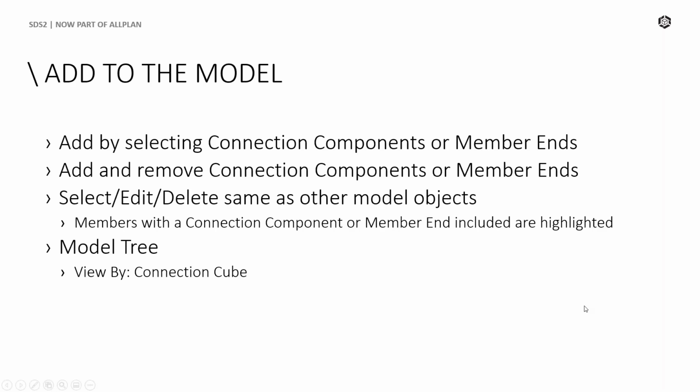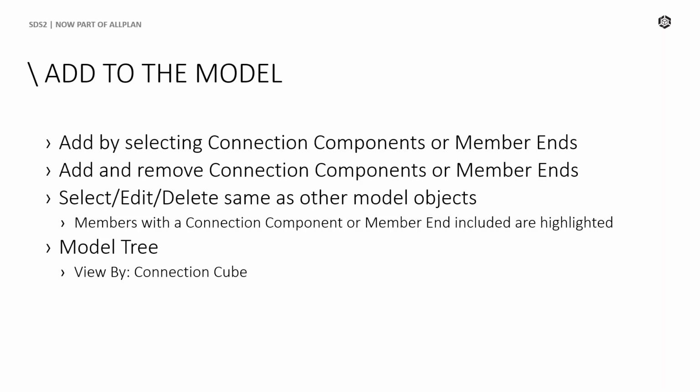So moving on here, how do we add these in the SDS2 model? The easiest way is by selecting your connection components, or you can select the member ends as well. This is especially useful where you might have failed connections, or you built your own connection, or maybe a plugin created the connection and you need to package that up.